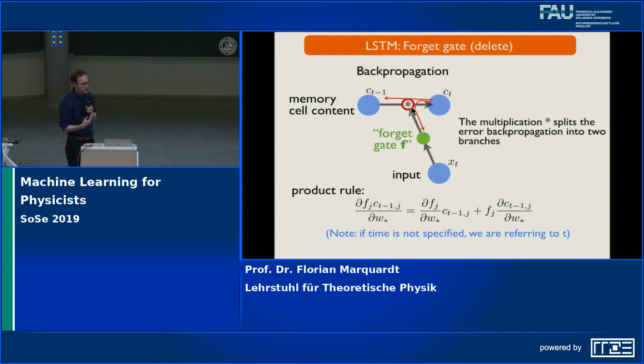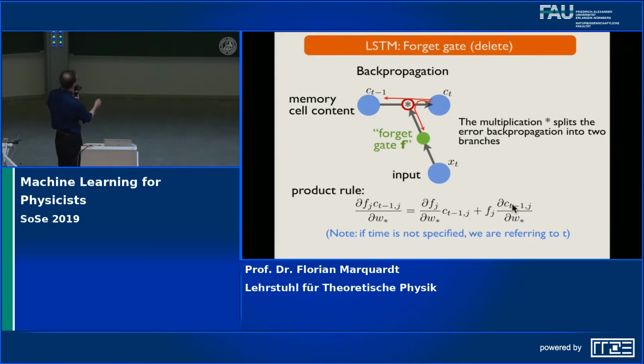So I take now the gradient of a product, and of course there's a product rule. So if the new memory cell content is f times C_{t-1}, then taking the gradient of this splits into two parts. Once I take the gradient of f, and the other time I take the gradient of C_{t-1}. That's just the way it is for the product.